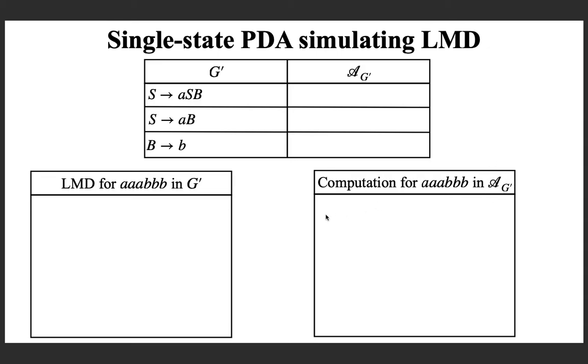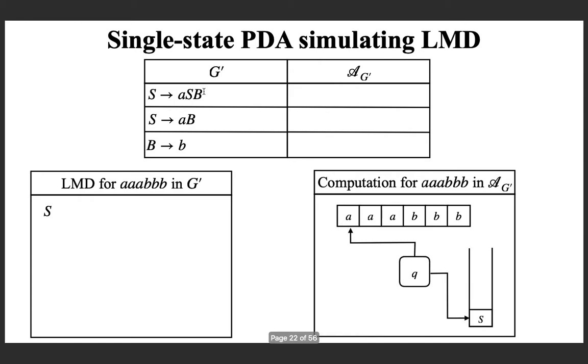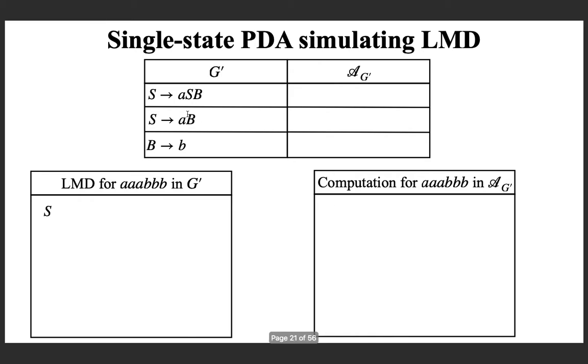We know that in the grammar the derivation should start with the start symbol, and now I am going to apply production number 1. But before that, how will you represent this stage in the derivation? The stage is that we just started. To start with, you have to start from the start symbol of the grammar. Then what would be the corresponding configuration in the required automaton?